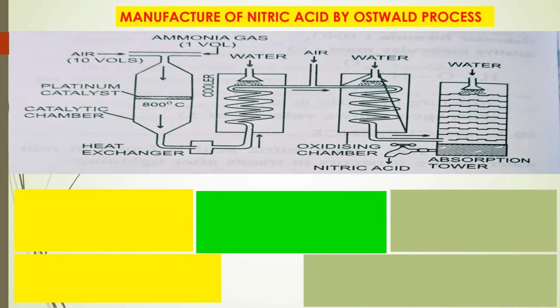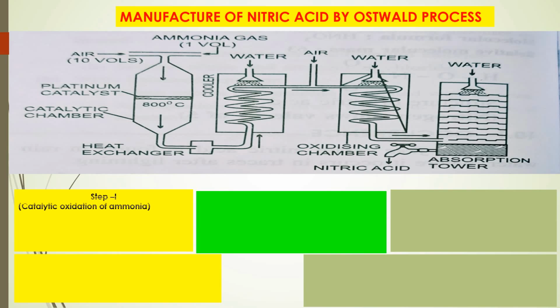So we need ammonia, which is prepared by Haber's process, in 1 volume to 10 volumes of air. So we need 2 reactants, dry ammonia gas and very dry air, and this air must be dry, free from carbon dioxide and dust particles.